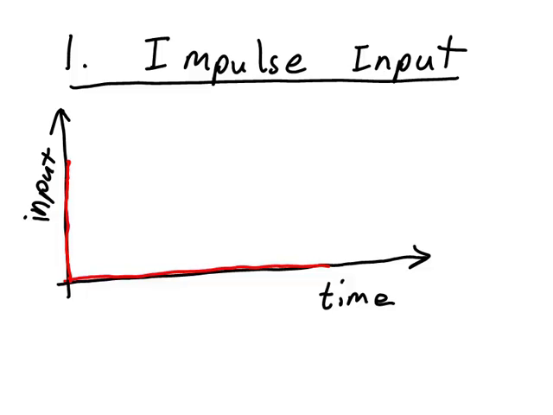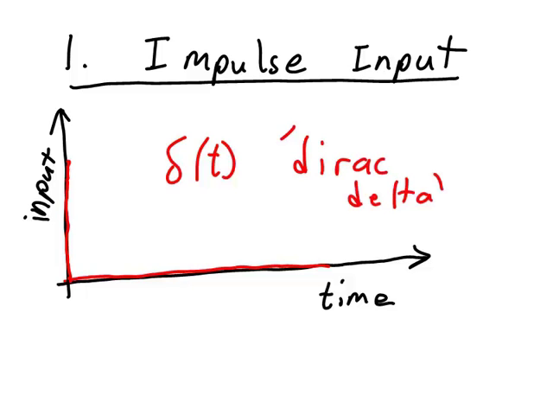Mathematically, the impulse function is written as delta, the Greek letter delta, as a function of t. And we would refer to this function as the Dirac delta function. If you want to find out more about this, go ahead and do a Google search on Dirac delta, and you can learn all kinds of fascinating things about the delta function.